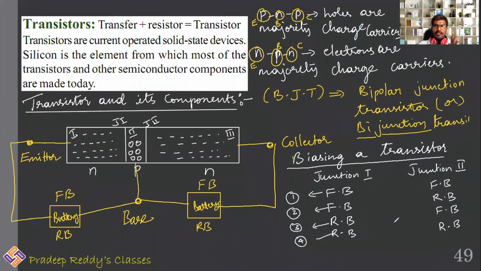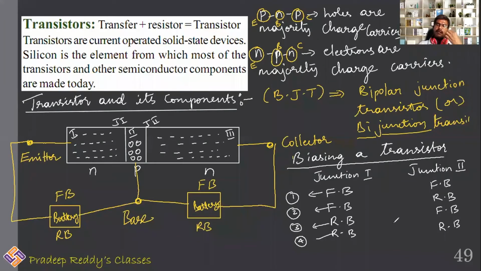And those 4 different biasings make this transistor unique, so it can be operated for multiple purposes. That's the reason why a junction transistor is also said to be a versatile device. Versatile means it can be used for multiple purposes. In all electronic circuits, we can use a transistor.